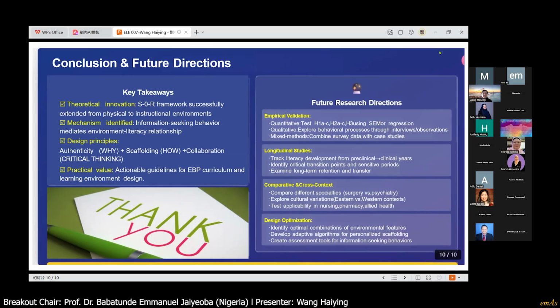For anybody outside your field looking at this, it seems extremely theoretical without pointing to the practical aspects of it. I'm happy that's where you're going at the next level. So we look forward to seeing the practical application of your model in the learning environment of medical education. Thank you very much. Okay, thank you for your suggestion. All right, thank you.